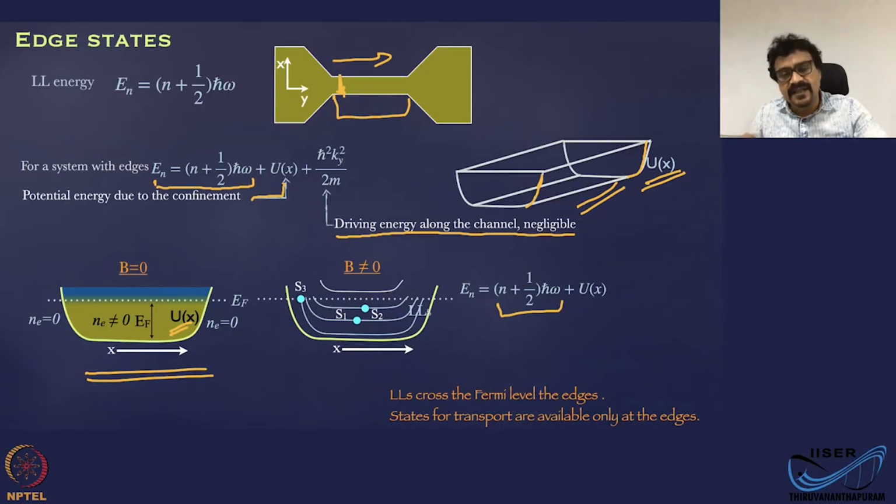At the edge, these Landau levels will cross the Fermi level, but in the bulk, they will remain below the Fermi level. So you have states at the edge for transport, and you have no states in the bulk for transport. What that means is the bulk is insulating and the states are conducting. So that is the picture we have.